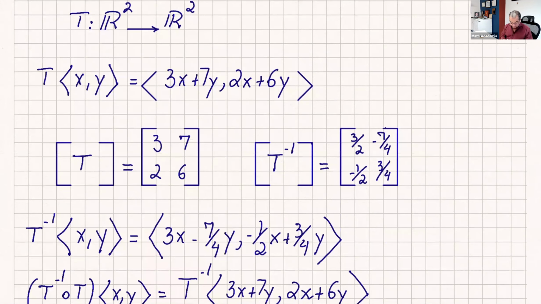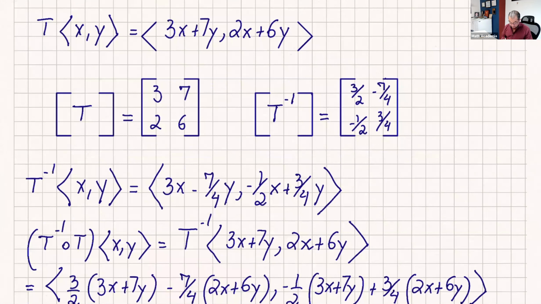Now if you write the transformation for the inverse, let's go ahead and do that. For the inverse here, we have 3 over 2x minus 7 over 4y, and then we have negative 1 over 2x, and then plus 3 over 4y.